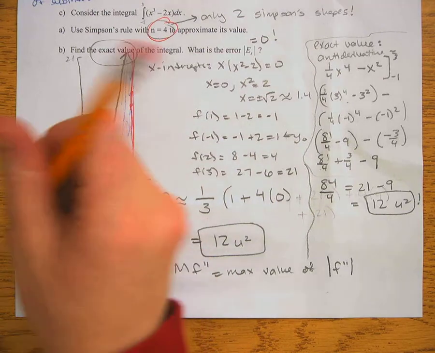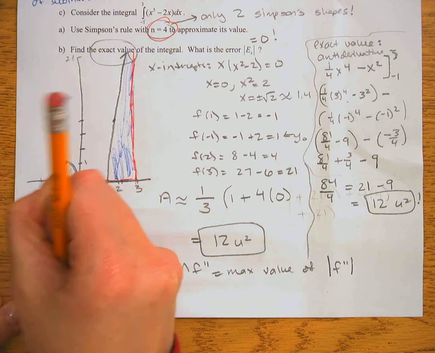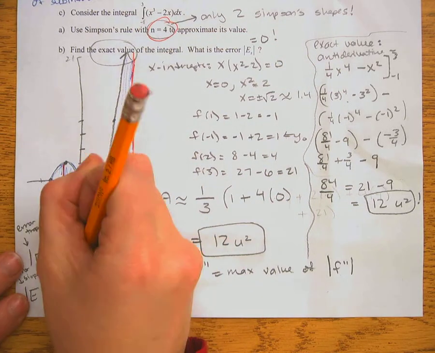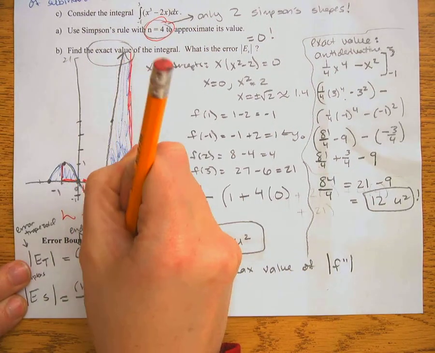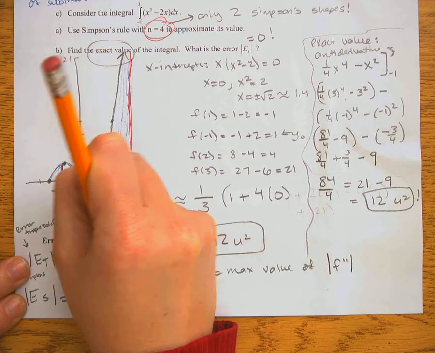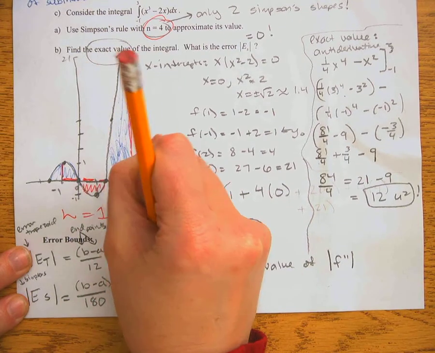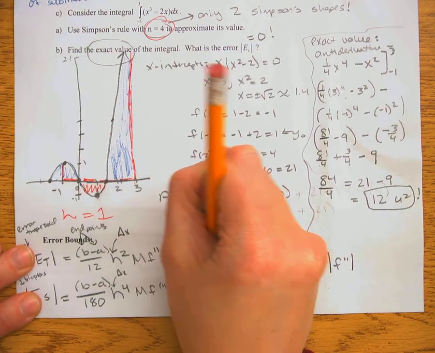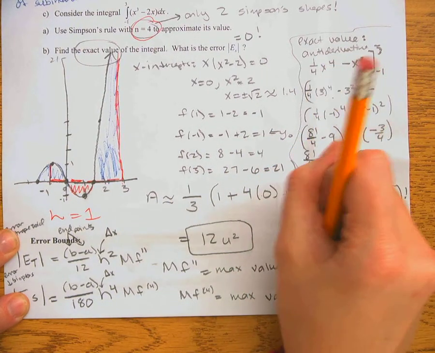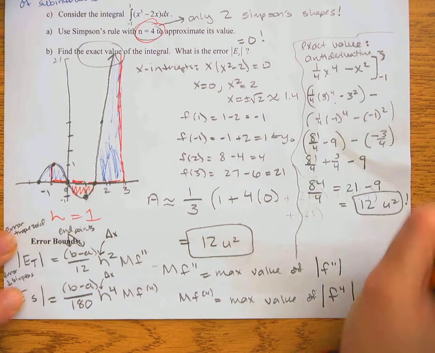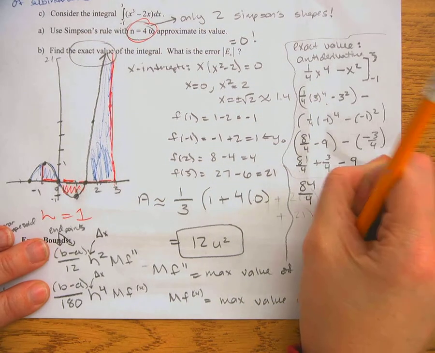Simpson's error, that's what this little absolute value error Simpson's means. That formula is b minus a divided by 180 times h to the 4th, and again that h is delta x, and that b and a, those are the endpoints, times M f4. M f4 is the maximum value of the fourth derivative of f.